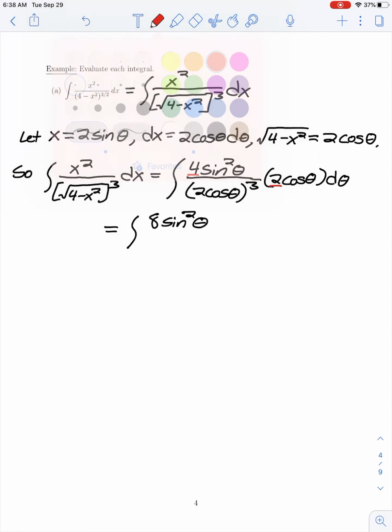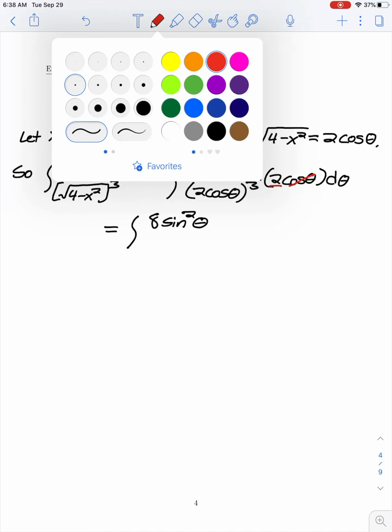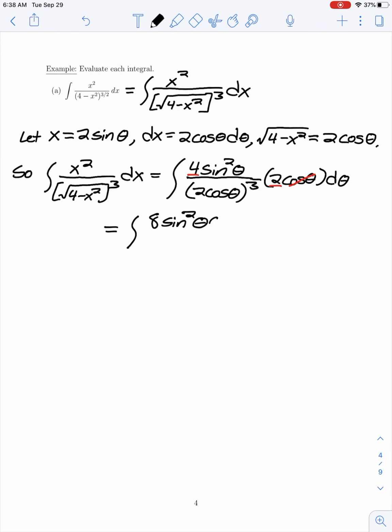And then I'm going to cancel 1 power of cosine theta in the numerator and denominator. Or maybe let me first write it in this form. We had a sine squared theta, cosine theta, d theta. And this was all over 2 cosine of theta cubed, which would be 8 cosine theta cubed.